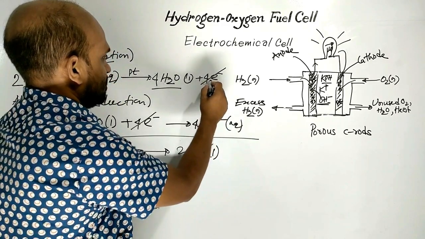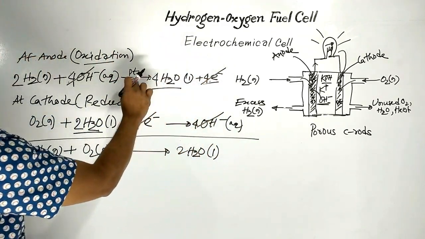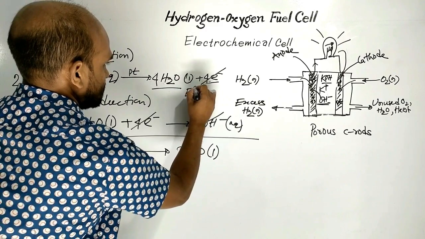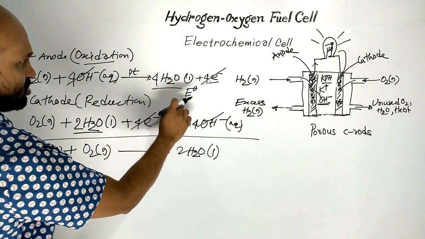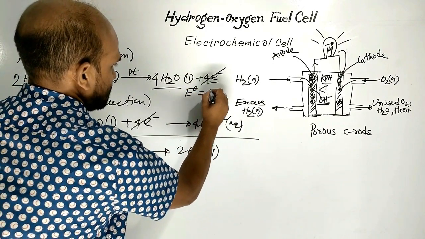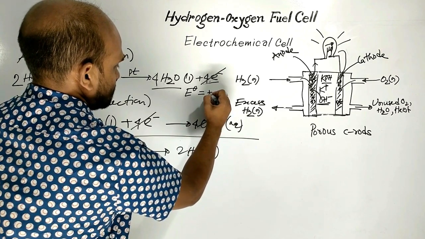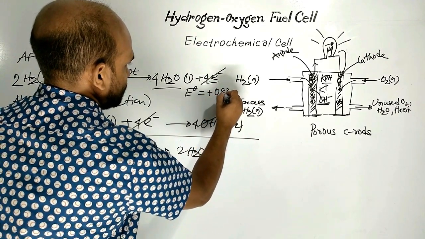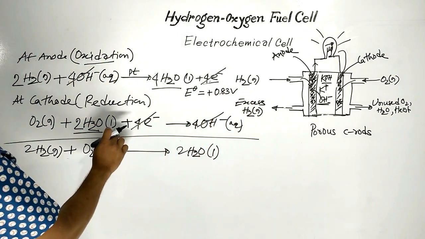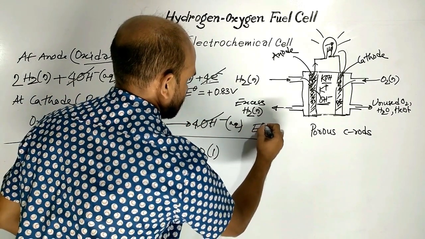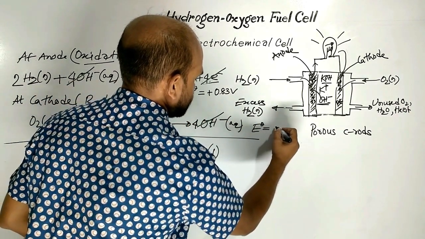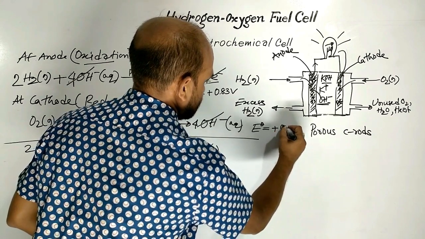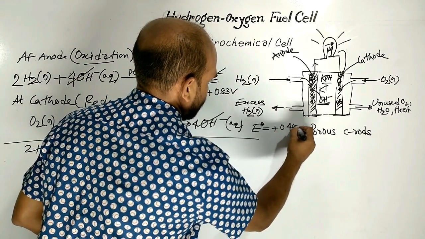Here oxidation potential of this reaction is standard oxidation potential plus 0.83 volt. In this case, standard reduction potential is plus 0.40 volt.